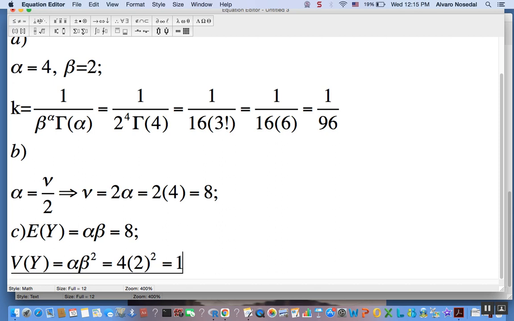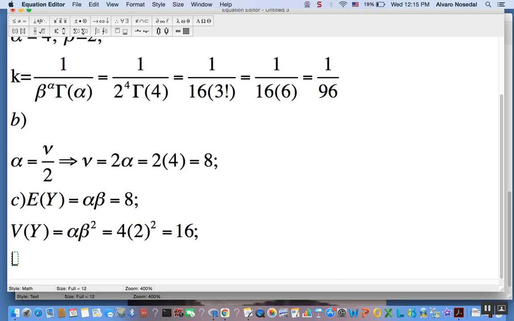So 4 times 4, 16. And if you want the square root, you know that the standard deviation is the square root of the variance. So the square root of this is just 4. That would be the standard deviation. Okay, that's it. We're done.